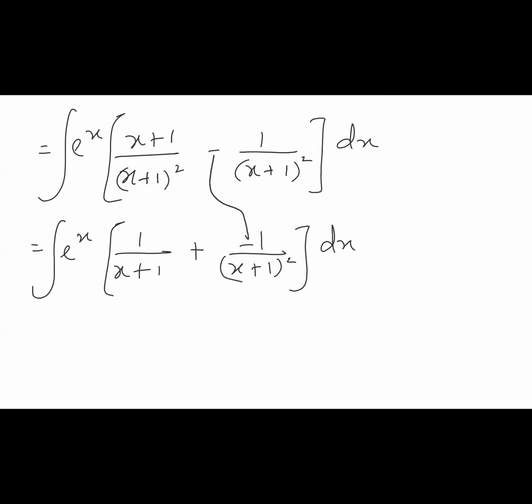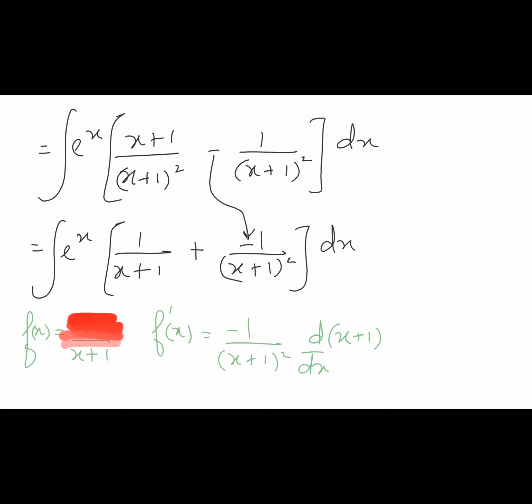Okay, this minus I've shifted over here. So f of x is 1 upon x plus 1. f dash x will be minus 1 upon x plus 1 the whole square into d by dx of x plus 1, because when we compare the 1 upon x plus 1 formula with 1 upon x, x gets replaced with x plus 1, hence the chain rule.